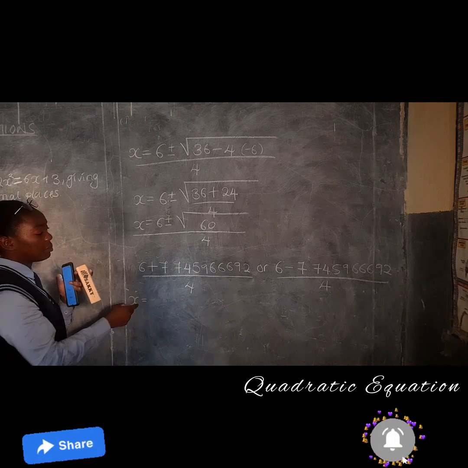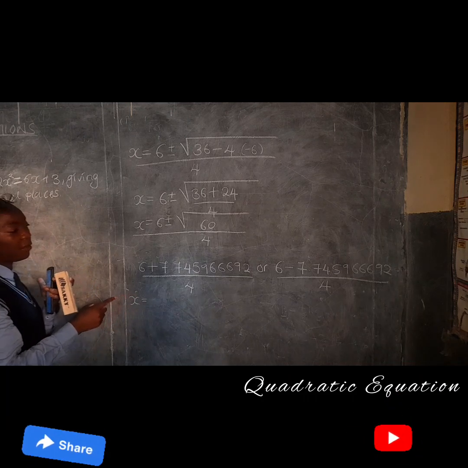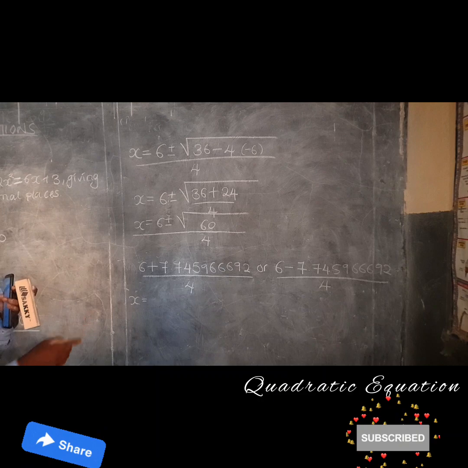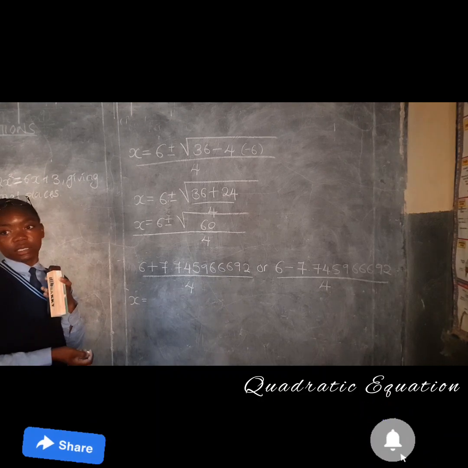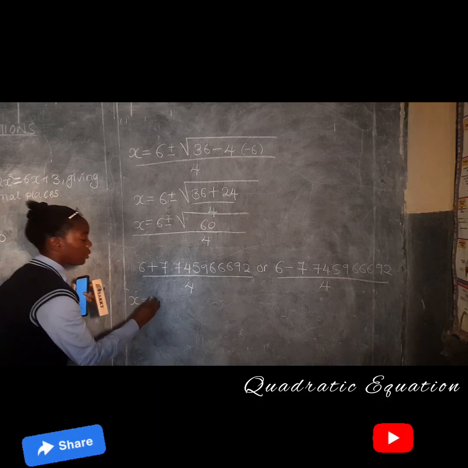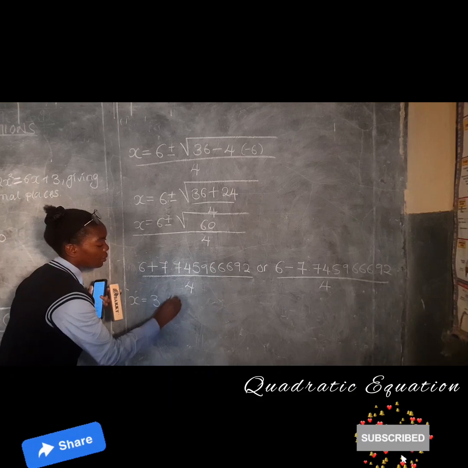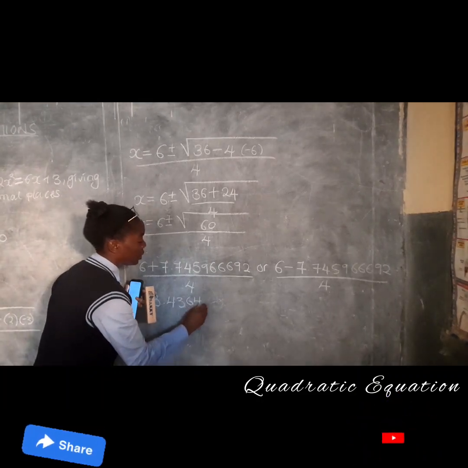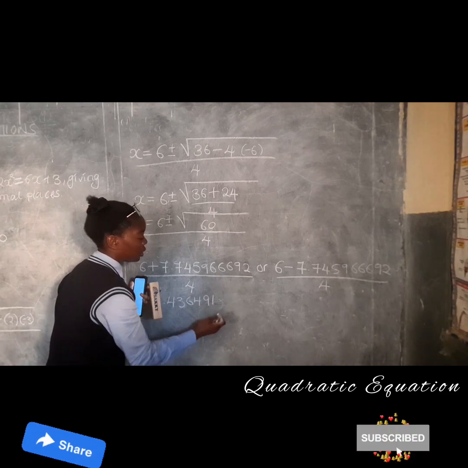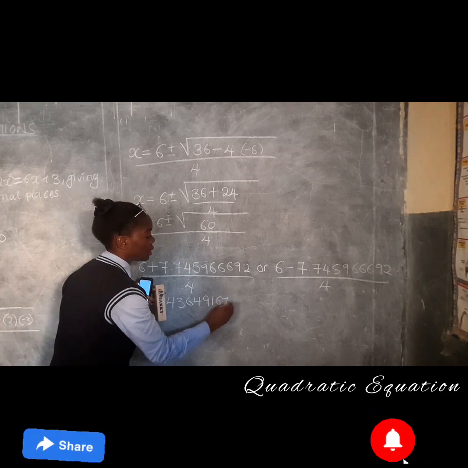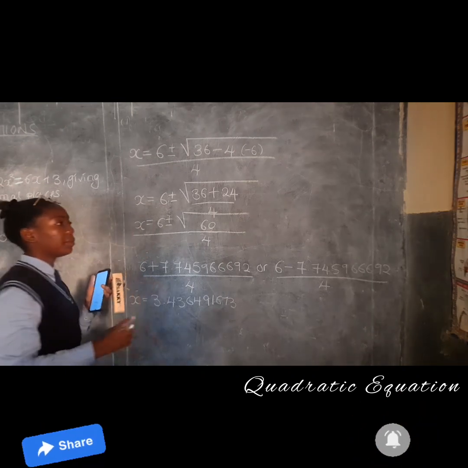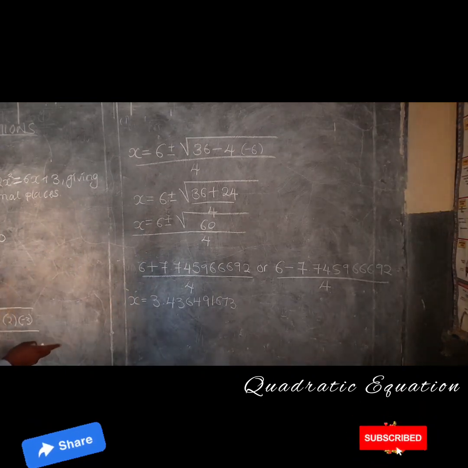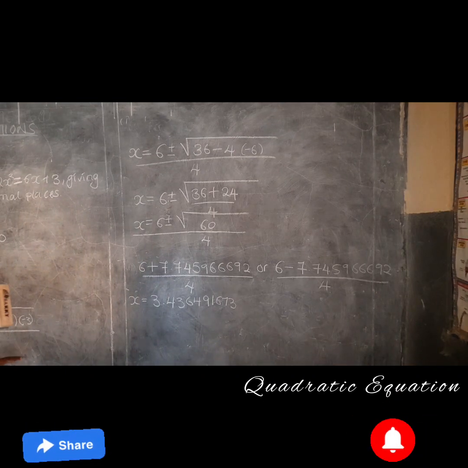So when we punch 6 plus 7.745966692 divided by 4, it's 3.436491673. Now remember, our question says correct to 2 decimal places.